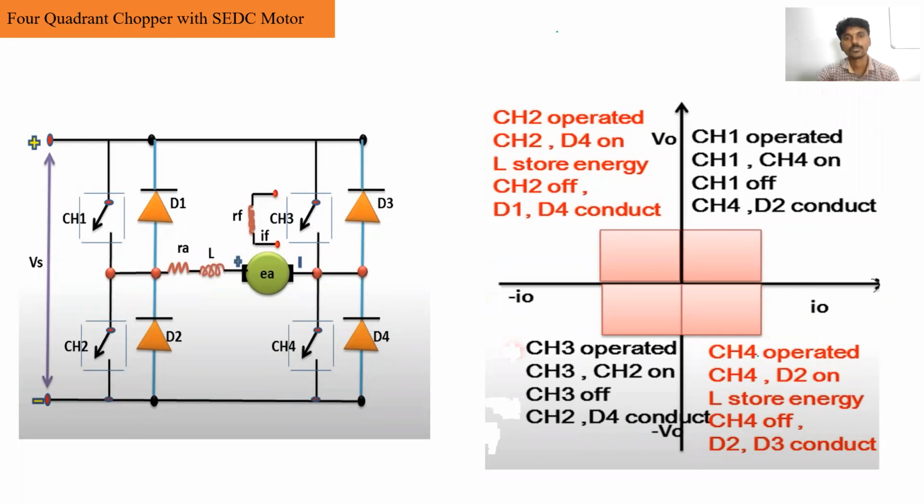CH4 is operated, and D2 and D3 operate. CH4 is operated now. Then CH4 is turned on.